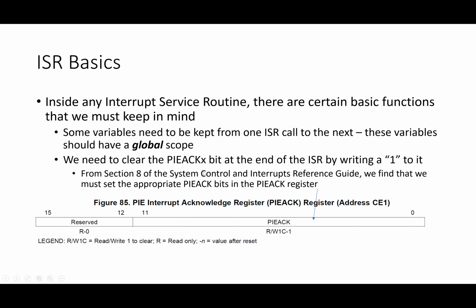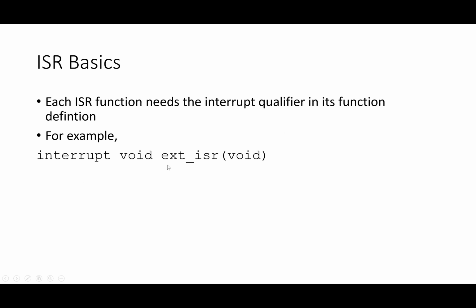And I talk about this PIE ACK bit, something that I need to deal with to be able to get out of ISRs. And how to define ISRs, which need to have this additional interrupt qualifier in the function definition.